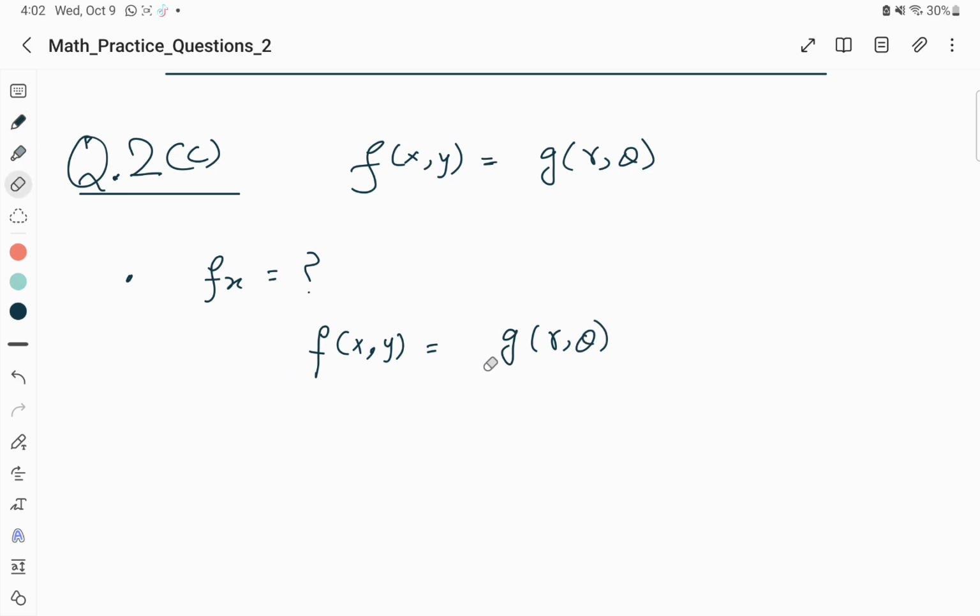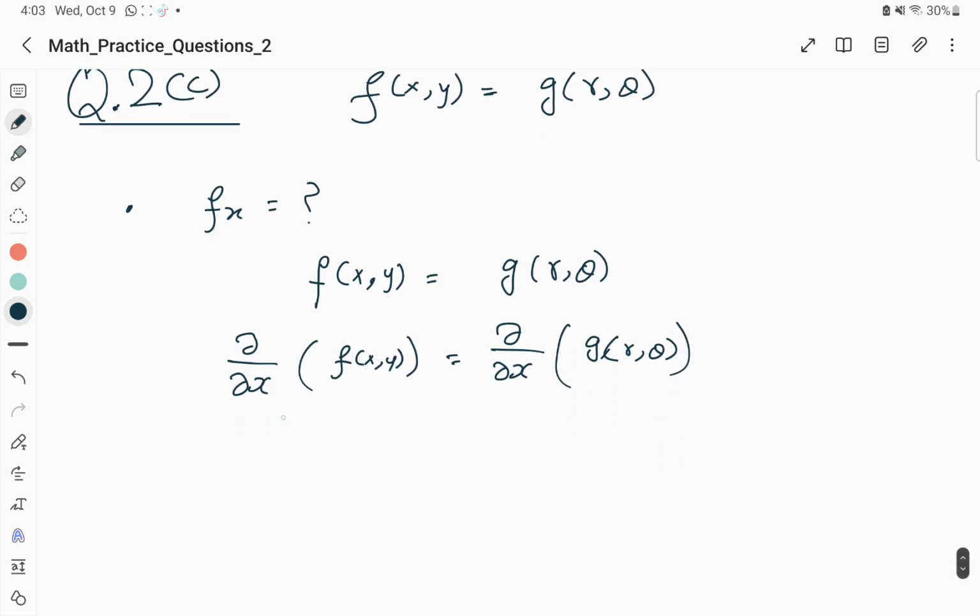So let me apply the derivative with respect to x on both sides. So it will be the derivative with respect to x of f(x, y) is equal to the derivative with respect to x of g(r, theta). On the left, for simplicity, we can just write f_x. It's understood that f is depending upon x and y, so I'm just applying the derivative with respect to x.